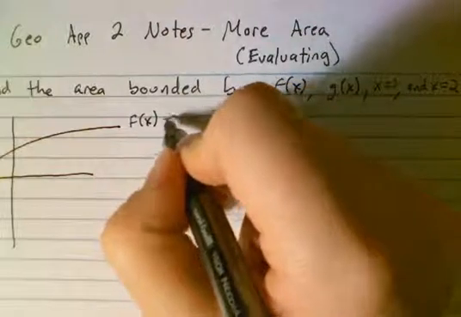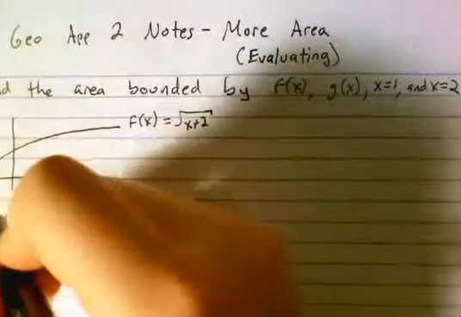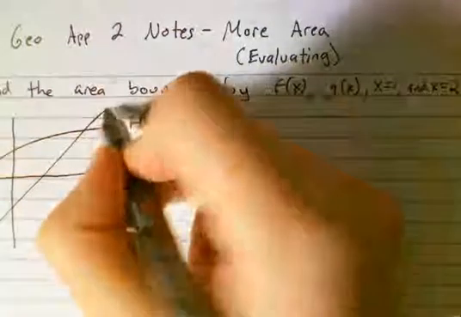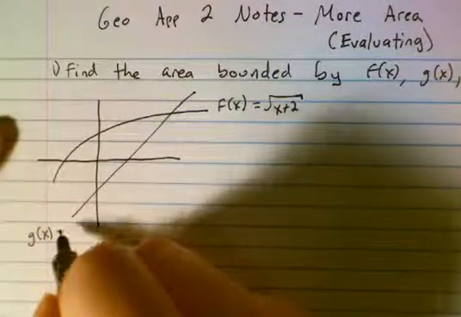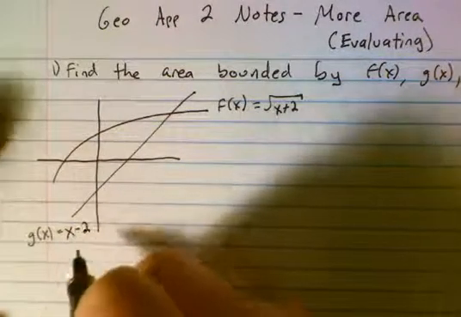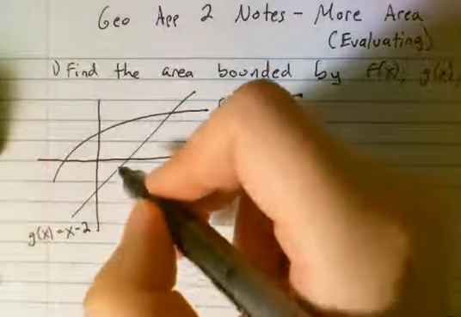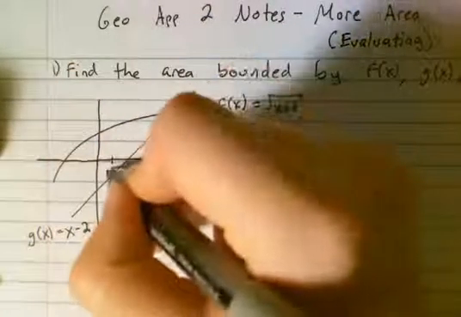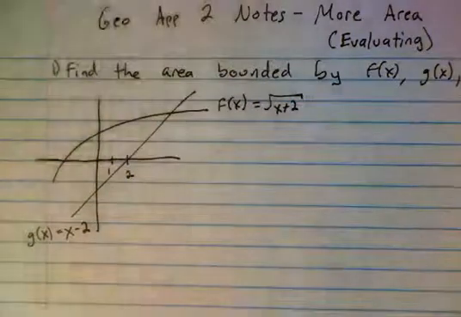It is the square root of x plus 2. And let's say that this is g of x. Put it down here. That's x minus 2. And x equals 1 is here, x equals 2 is there.